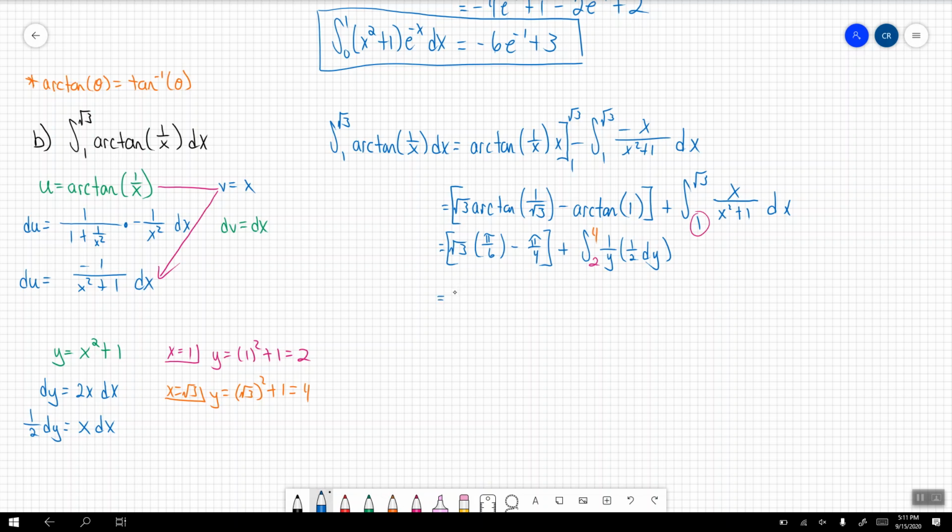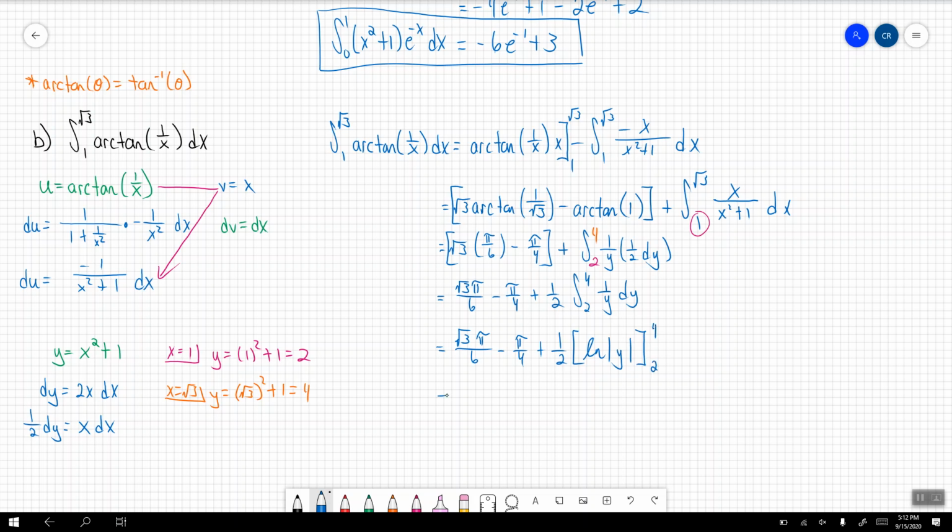Okay, so that's nice. So this is root 3 pi divided by 6 minus pi fourths. I have a constant here, so that's going to be plus 1/2. And this is now going to be the integral from 2 to 4 of 1 over y dy. The integral of 1 over y is just going to be the natural log of the absolute value of that variable, which means this is going to evaluate to the natural log of the absolute value of y, evaluated from 2 to 4.